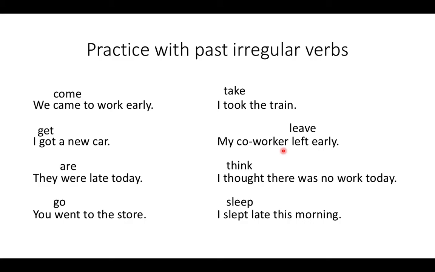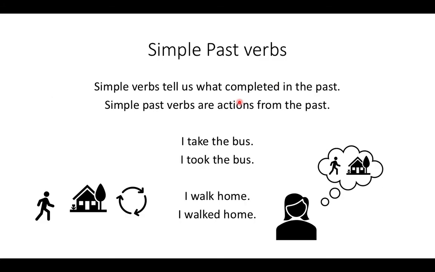So how we make them is we either change them into a new word, or we add the ed at the end, right? And we use that to tell people the time that we did something. So for example, I take the bus. We know that when you say the noun, the who, if it's a person or a thing, I, you, he, she, it, they, whatever that is, and just the simple present, that means that you do this all the time.